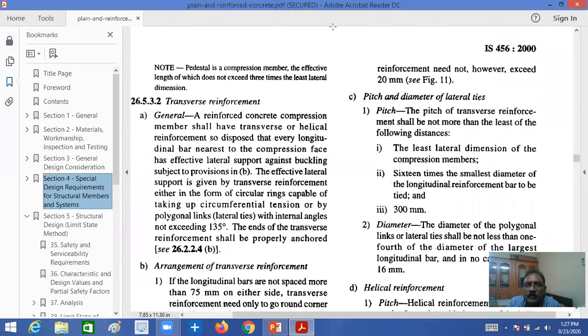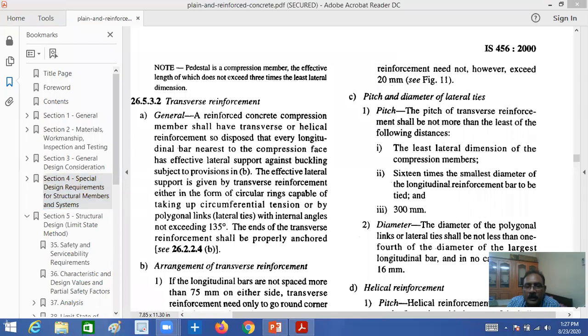Here, observe this is pitch. I already explained it, but I am going to explain the same here. Pitch of the column. Pitch means the distance between two stirrups.